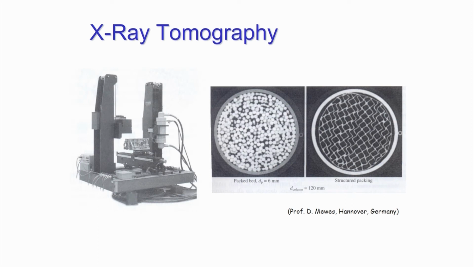Now, this X-ray tomography and gamma ray tomography, as I mentioned earlier in the last class, are the same principle wise. The only thing is that in gamma ray tomography you use a gamma ray source, in X-ray tomography you use an X-ray source. The X-ray can also be generated by passing very high electrical current through a coil. So, that is the big advantage in X-ray tomography: if you do not use the setup, you can switch off the electricity supply and there will be no generation of X-ray.